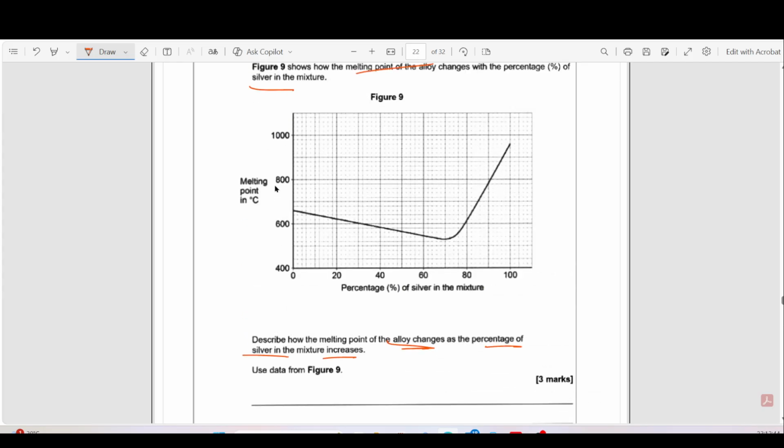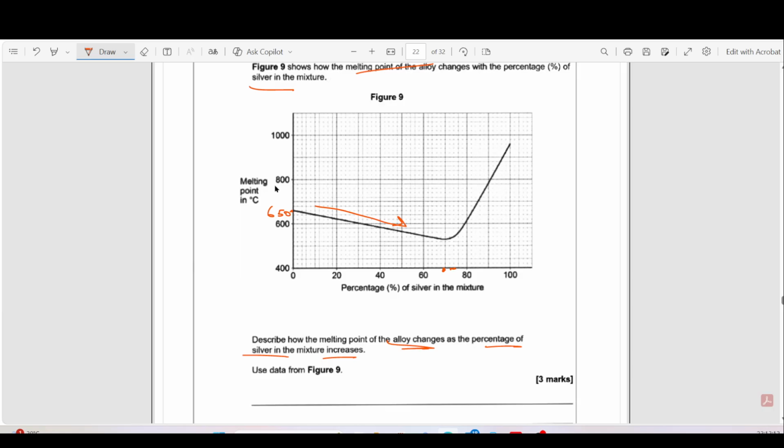As the percentage of silver increases from 0% to approximately 70-something, this is 70, and this is 72, let's say, the melting point is decreasing, right? You can see the graph going downward, from 600-something, let's say 650.